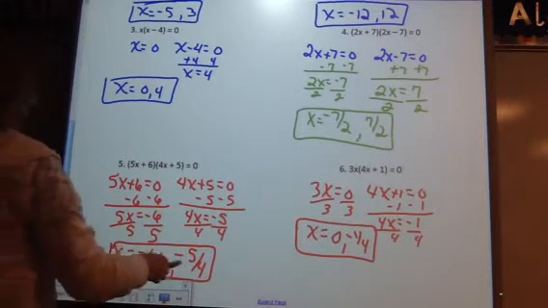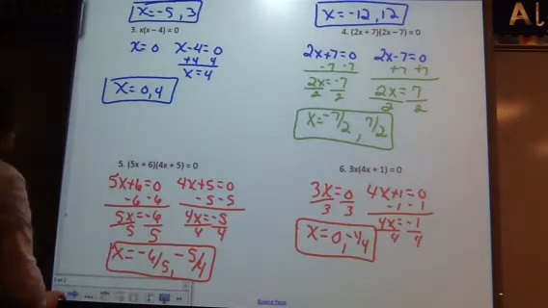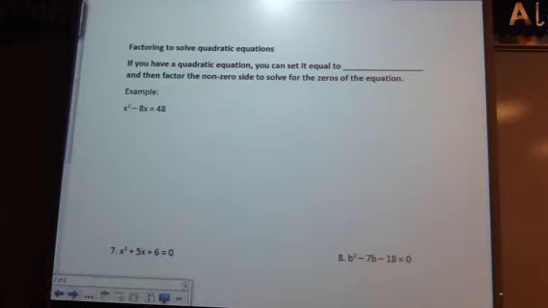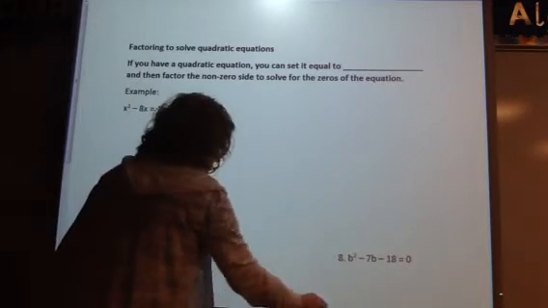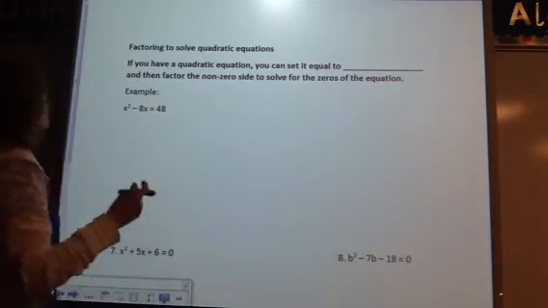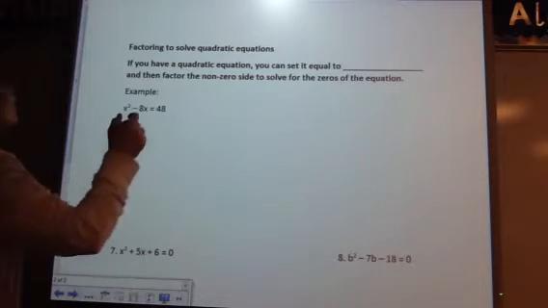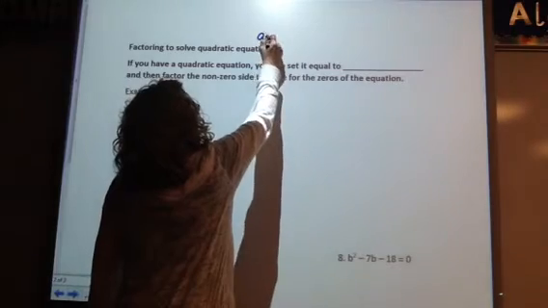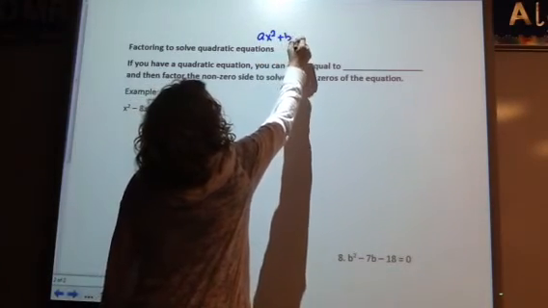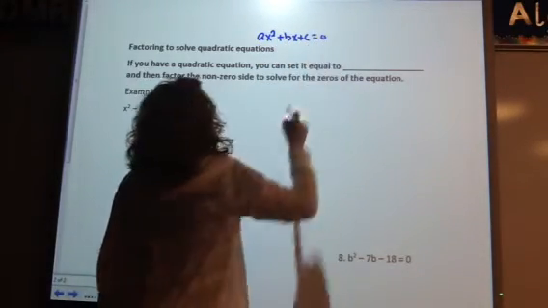Alright, let's go on to the second page. Okay, on this one, we're going to be factoring to solve the quadratic equations. If you have a quadratic equation, remember that is your ax squared plus bx plus c equal to 0.